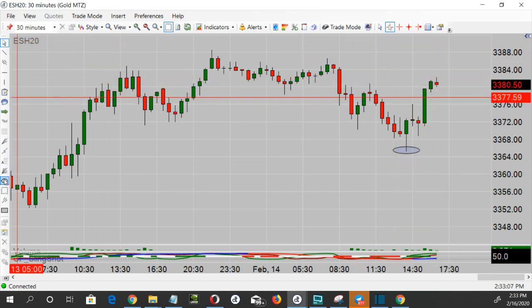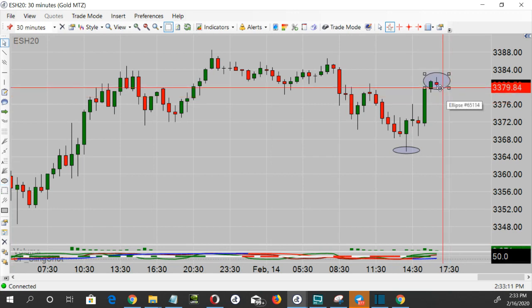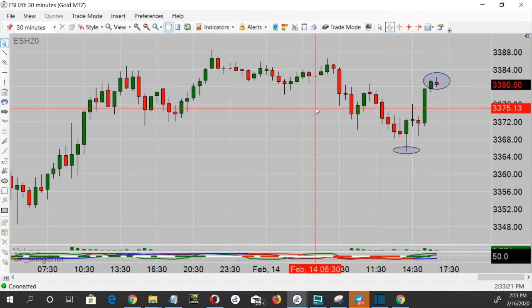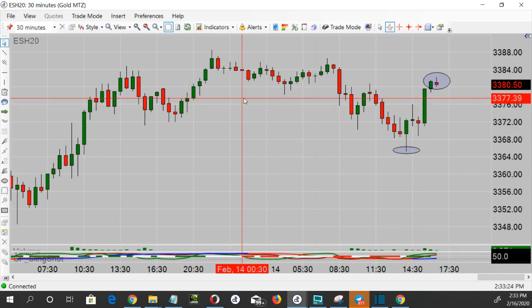And where the session ended, where we ran into resistance, clearly marked by this final 30-minute candle of the session. Why is that? Is there a method to the madness or any rhyme in the reason?